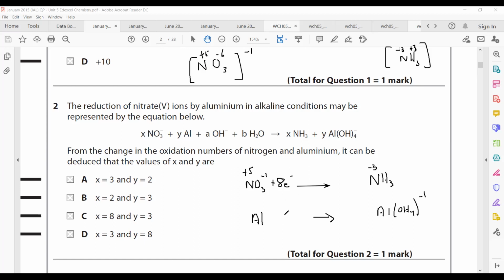Now what about aluminium? Because it's in its element state, the oxidation number is 0. When we work out for Al(OH)4 with the overall charge of -1, the 4 is with the bracket.